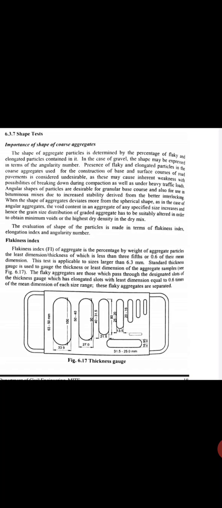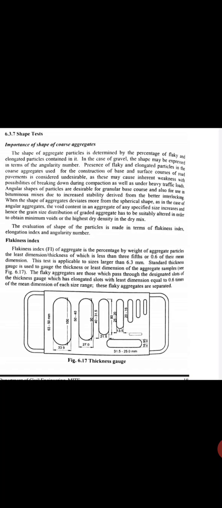Angular shapes of particles are desirable for angular base course and also for use in bituminous mixes, due to the increased stability derived from the better interlocking when the shape of aggregate deviates more from the spherical shape, as in the case of angular aggregate.